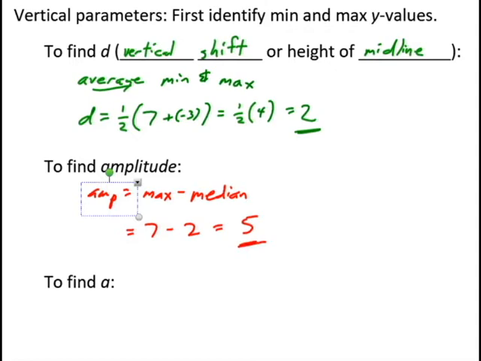Amplitude is always positive. To find A is a little bit more complicated. It depends on whether we're going to have a vertical flip or not, and that depends on identifying where the beginning of the wave is. We'll look at that on the next page.